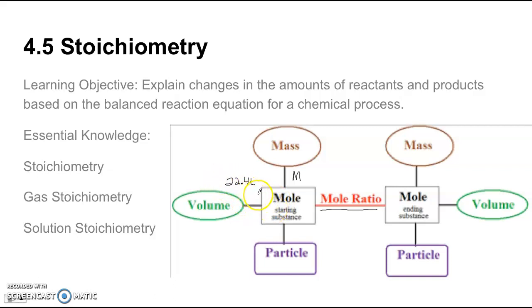We can use that as a conversion factor to go back and forth between volume and moles. But if you're not at standard temperature and pressure, then we can just use the ideal gas law, PV equals nRT, to go from moles, which would be n, into volume, which would be our V. So that's the gas stoichiometry part of it.